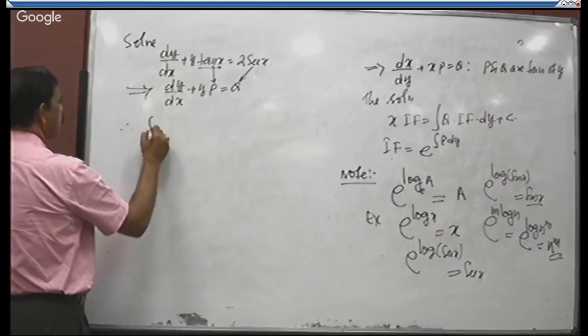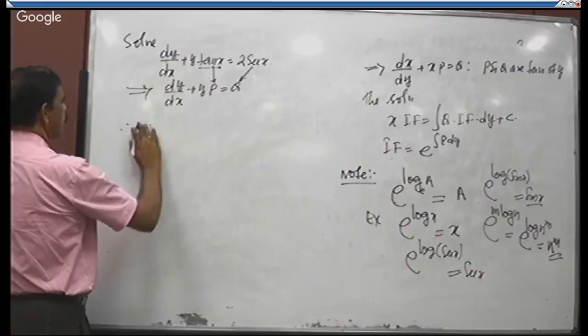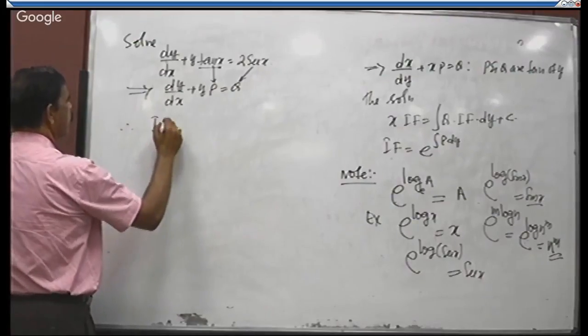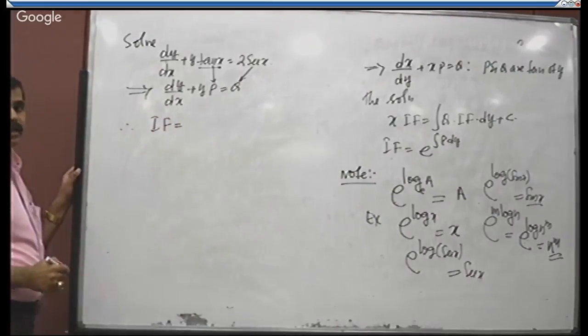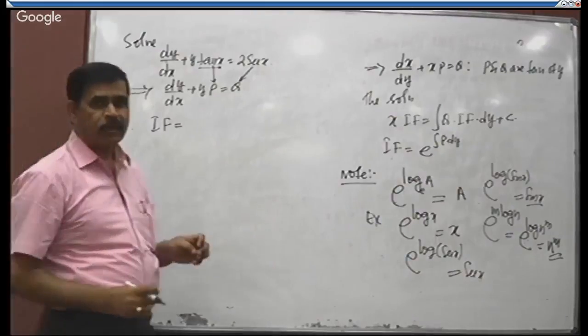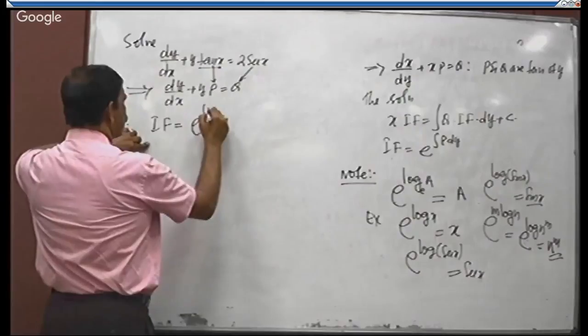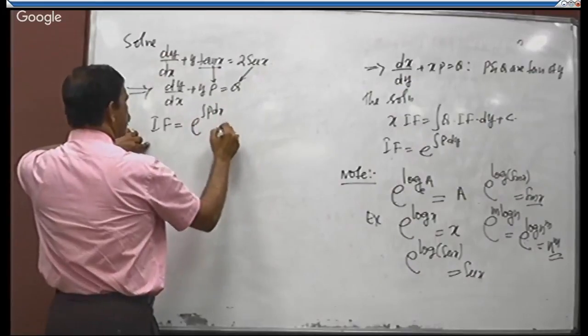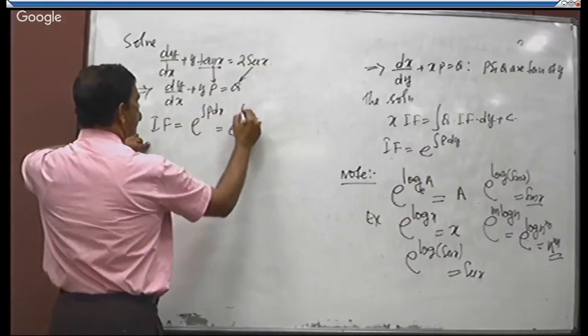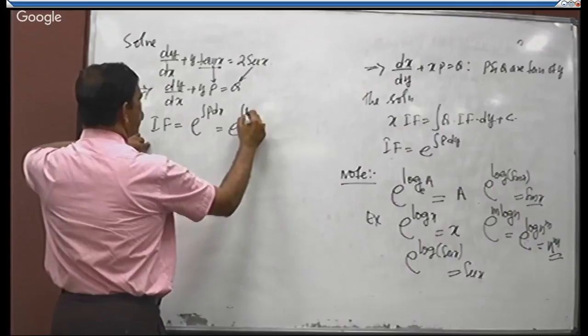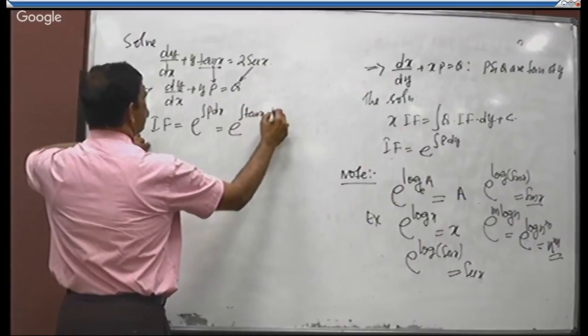Therefore, first get the integrating factor. Before writing the solution, you find out the integrating factor. What is the integrating factor? It is e to the power of integral of p dx, that is equal to e to the power of integral of tan x dx.